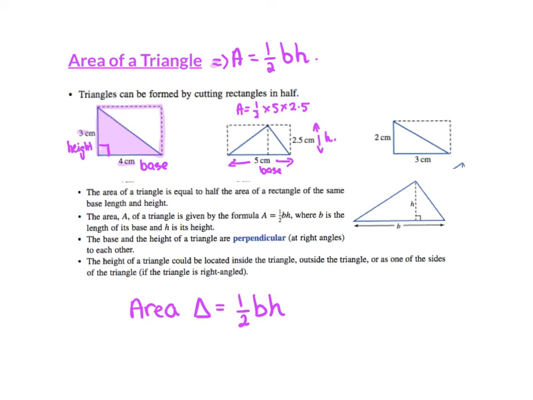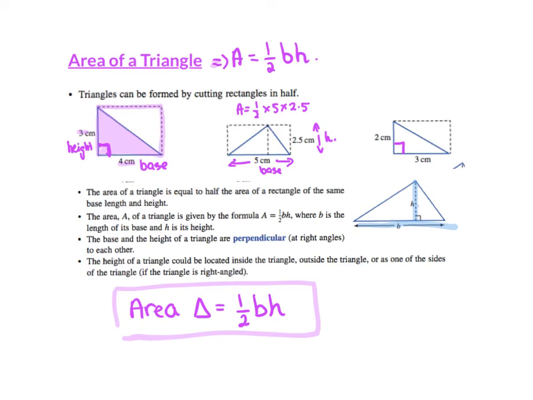When they say the base and height of the triangle are perpendicular, that means at right angles, like these right angles here. Otherwise, unless they give you the height written like this, the height of the triangle and the base, we can still use this formula. Later on in years ahead, you'll see there are other formulas for area of a triangle, but at the moment just that.